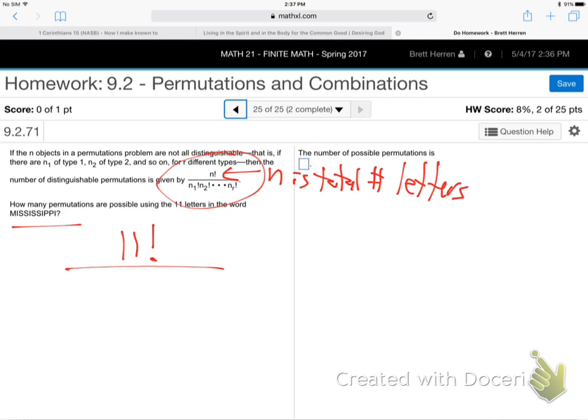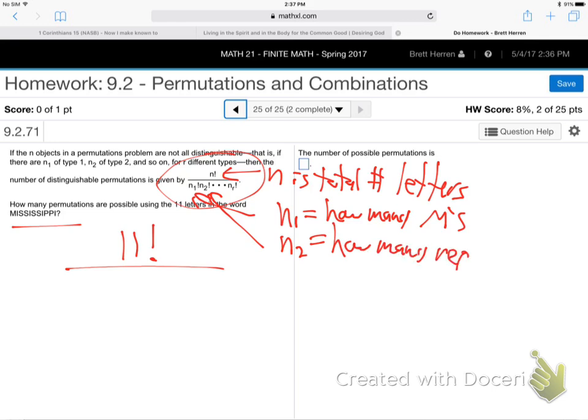On the bottom, you put each repeated type of letter, N1, N2, how many M's, how many I's. M is just 1, and 1 factorial is just 1, so it won't do anything. Skip the ones.